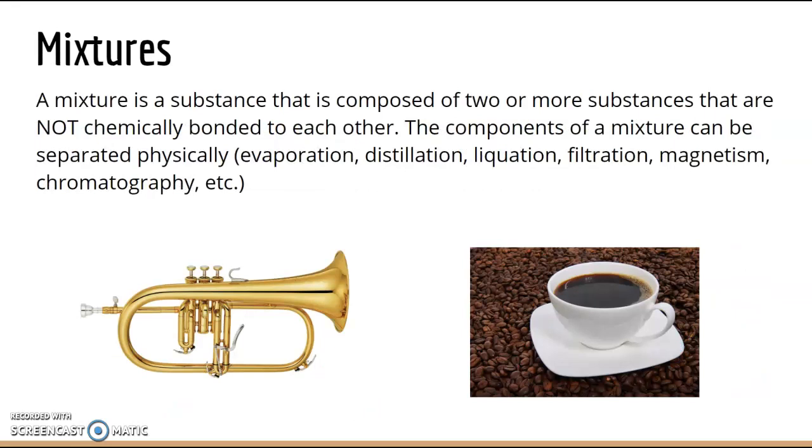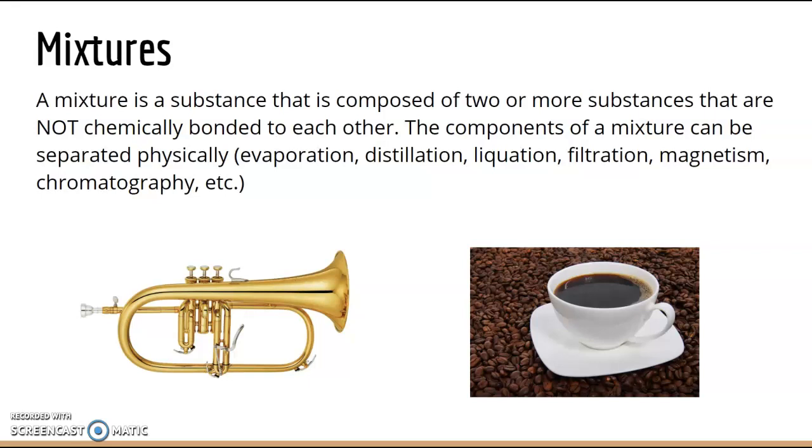A mixture is a substance composed of two or more substances that are not chemically bonded to each other. So each of those substances individually might be chemically bonded to its own components. Take, for instance, something like coffee. It's made up of lots and lots of different things. Most notably, I'm sure you know that coffee has caffeine in it.